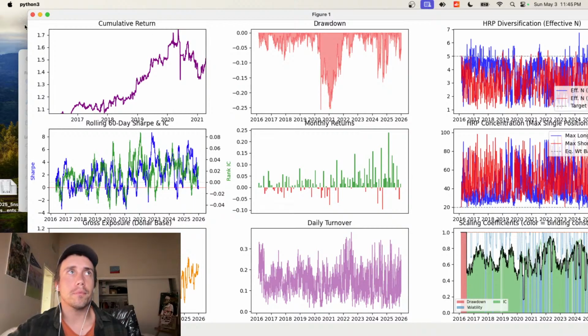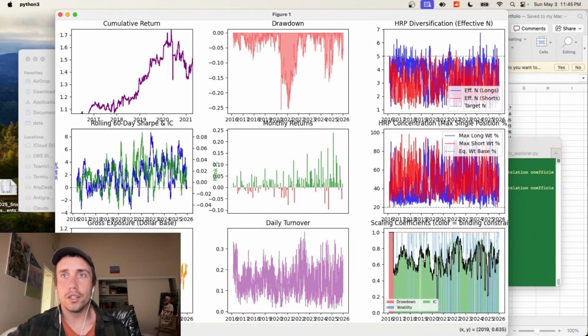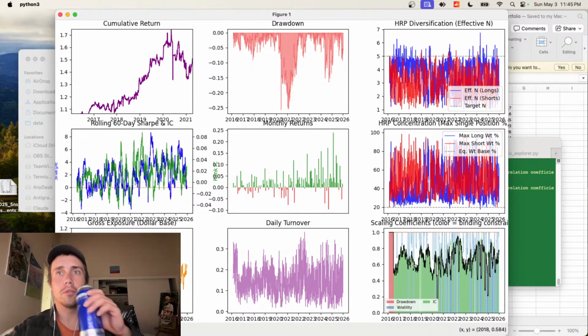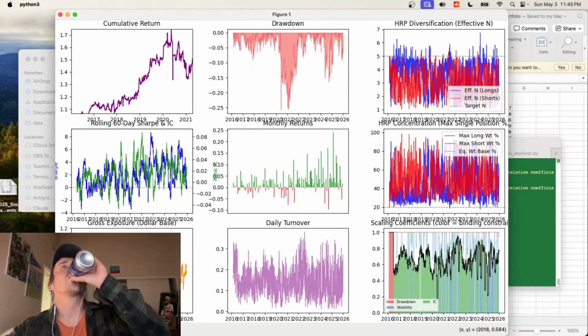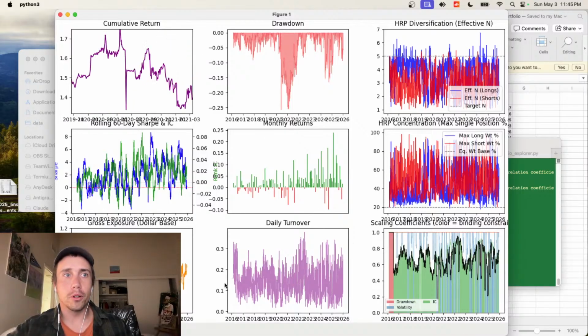But I think next I'm just going to try manually tweaking these scalars. So you see, information coefficient tends to be bringing this down, which is fine, but I need something to drag down the exposure during 2020.